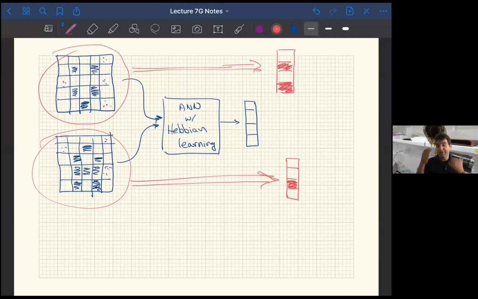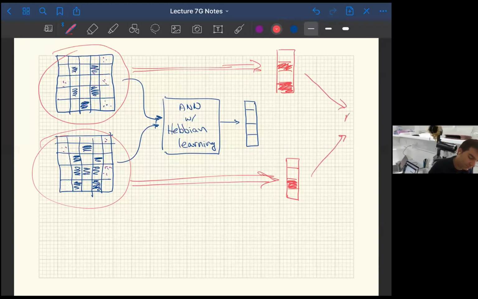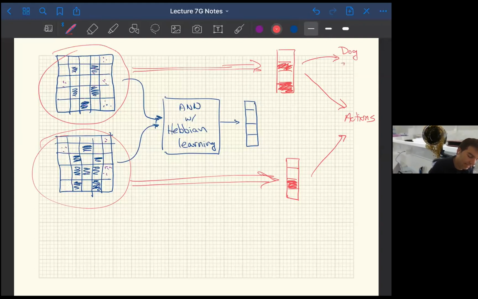So if you were to think of this in terms of a brain, these could be tied to actions, in which case this might encode the action for dog salivating, or I'll say dog drool on hearing bell.